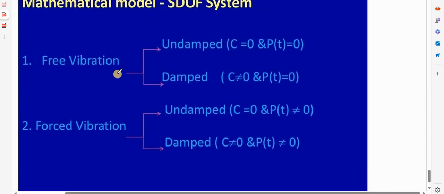Here you can see, free vibration can be undamped, where the force will be 0. Damped, here c will not be 0, but force will be 0. In forced vibration, the force will not be 0, but in undamped c will be 0, and damped means c will be there, damping will be there.